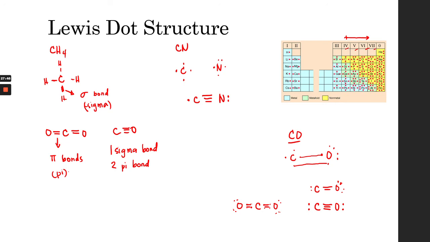So sometimes when you have cyanide, you would see a negative sign. If you see a negative sign there, it means there's an addition of another electron. Remember, if there's a negative, there's an addition or gain of electron. If this is positive, there's a loss of electron. So CN negative means you want to add another electron. And that means typically you would have what we call polyatomic ions.